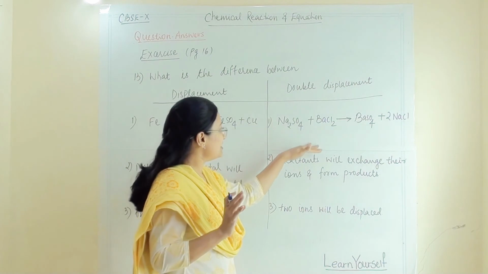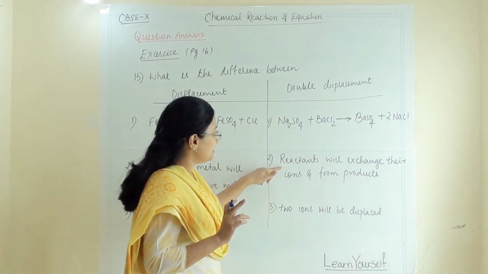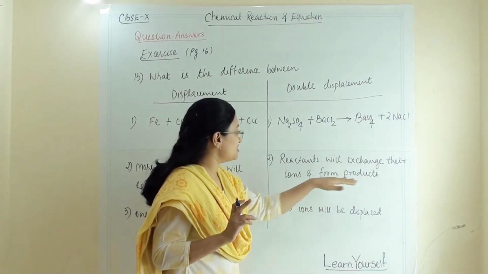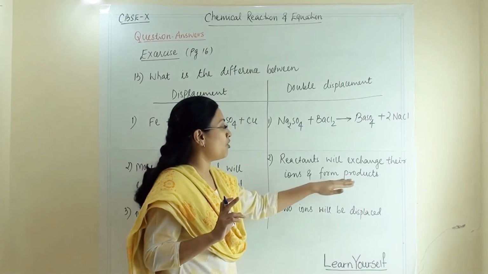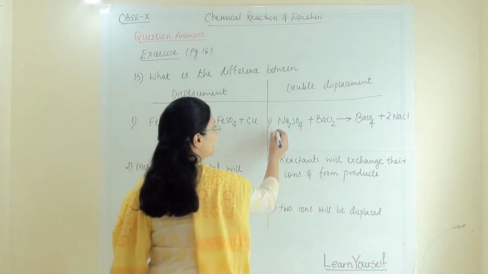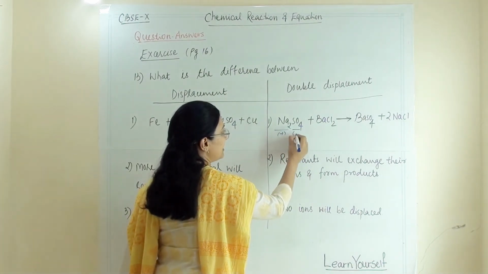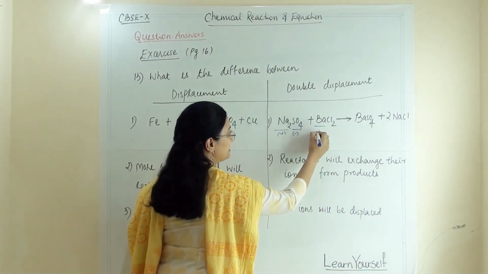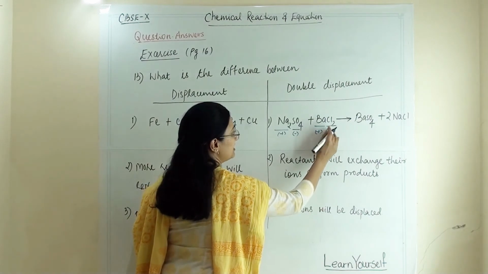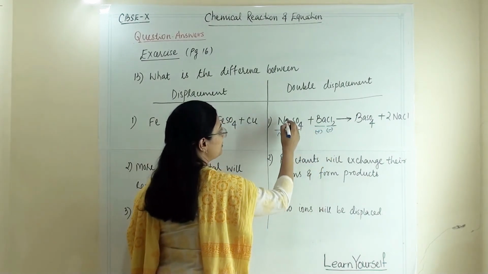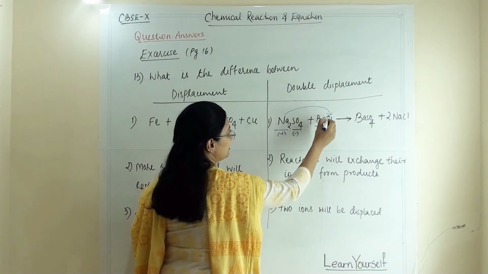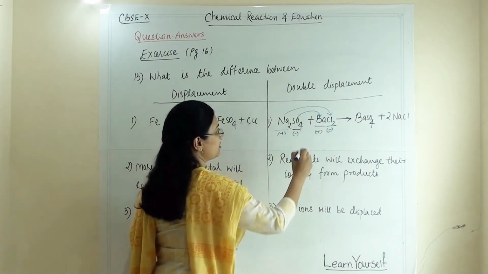So here double displacement reaction, reactants will exchange their ions and form products. Here we know that this is positive, this is negative. They will exchange with another reactant's positive and negative. So it will be like this, positive will react with this and negative will react with this.